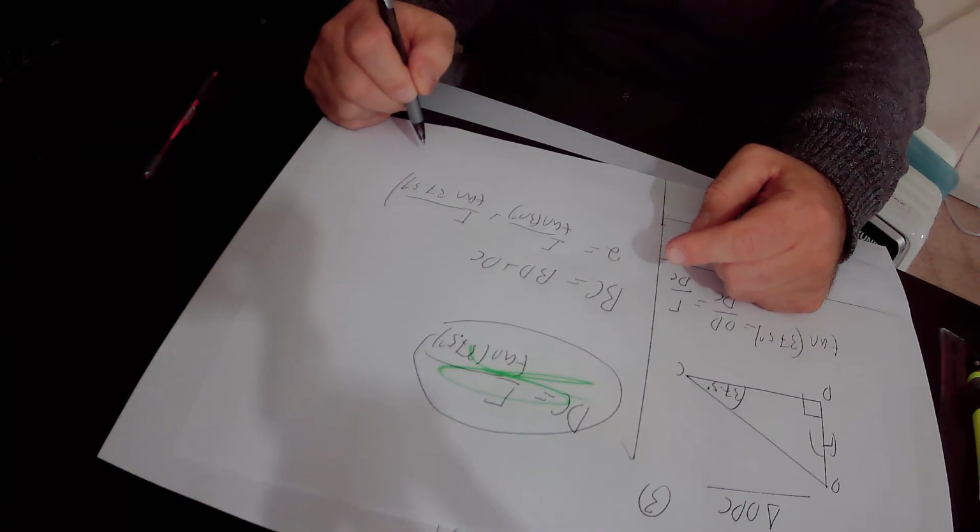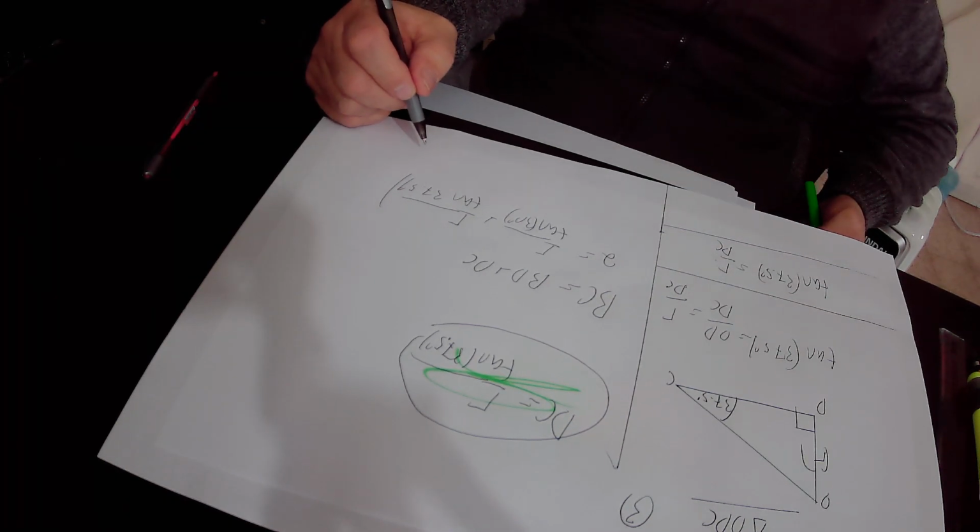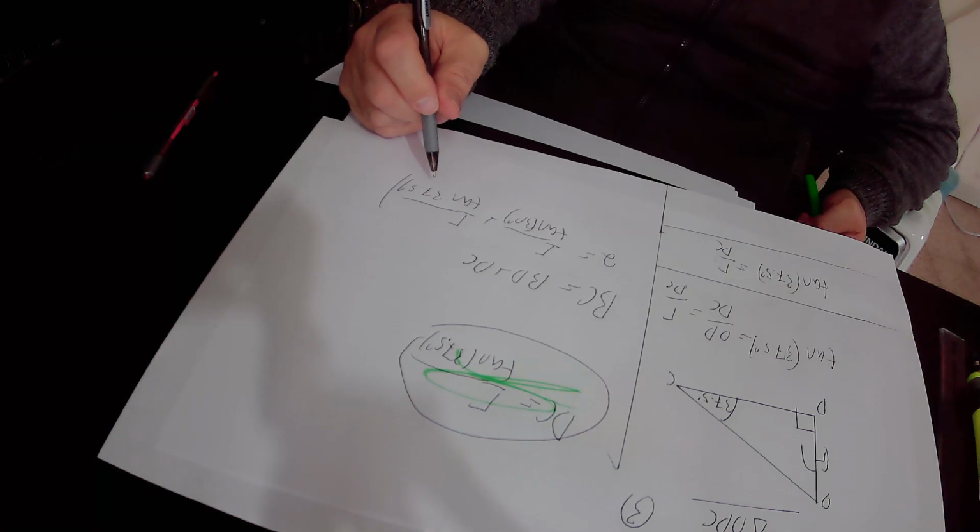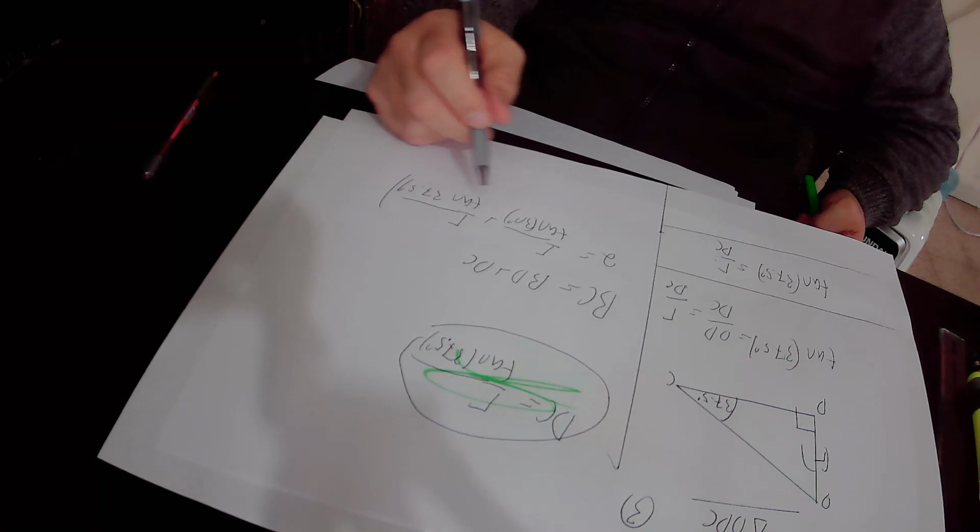So in conclusion, 2 equals R over tangent 30 degrees plus R over tangent 37.5 degrees.